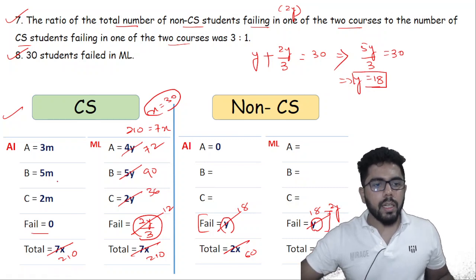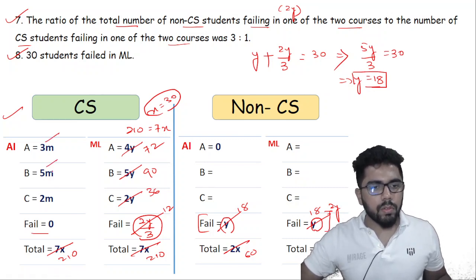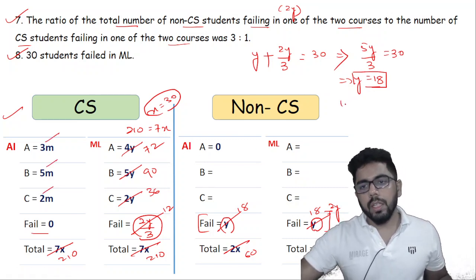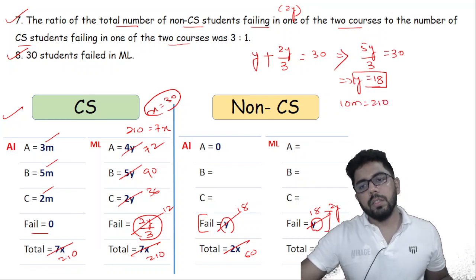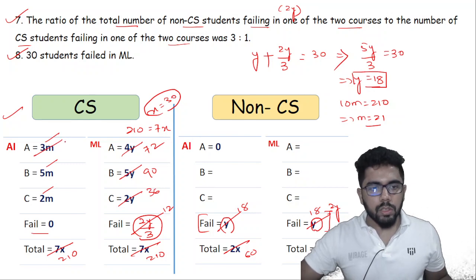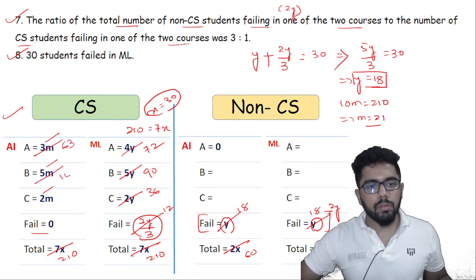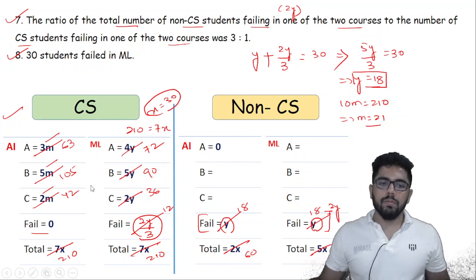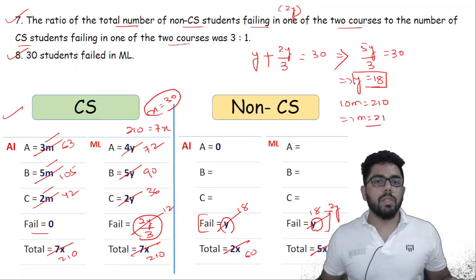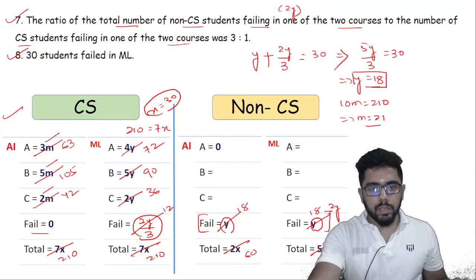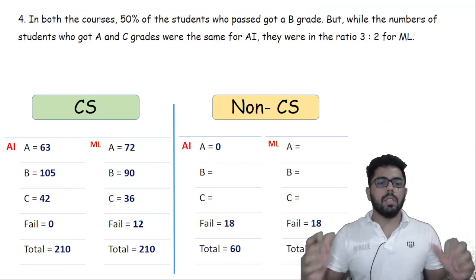So 210 has to be divided in the ratio 3:5:2. So again I get 10m is 210. So this gives me m as 21. So 3 into 21 I get 63, 5 into 21 I get 105, 2 into 21 I get 42. So a lot of values we could calculate here, and if I put all of them here, this is what the table looks like.